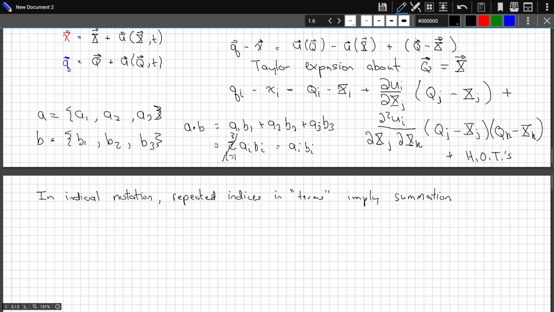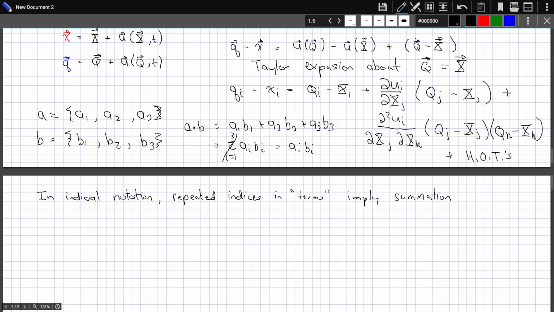If it was uj xj times qj, that doesn't make sense. So you can only have one repeated index per term, and that's the index that you sum over, and the other indices that are not repeated are called free indices, and those represent equations. So if we let qi equal 1, we basically have a summation over j, and we're going to do this later.